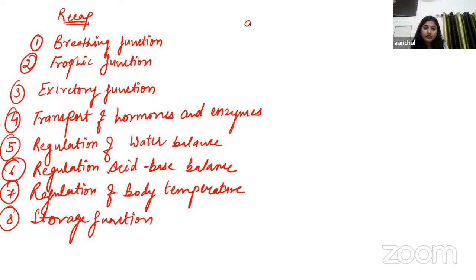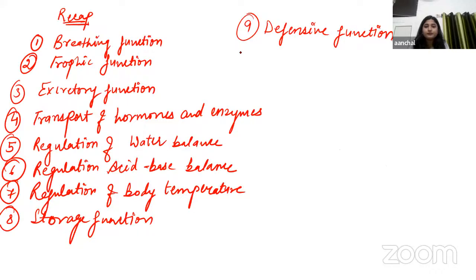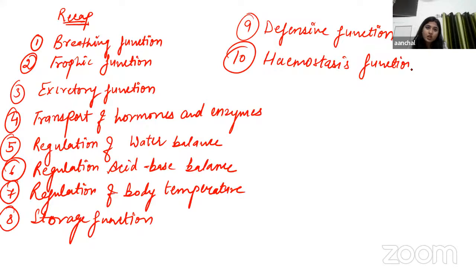Then we have defensive function. So these are all the major functions that are performed by blood, right? Then hemostasis function also. So this is all about the major functions of blood.